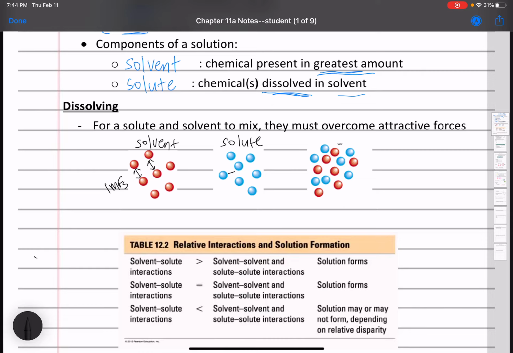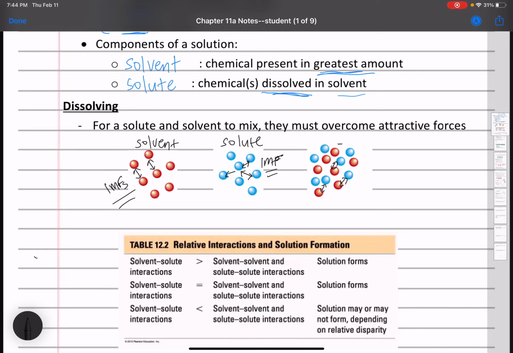And same thing within the solute. You have intermolecular forces that are holding or attracting all of these molecules together. So in order to separate the particles, you have to overcome those intermolecular forces. And then you form new intermolecular forces between the solvent and solute molecules in the solution.